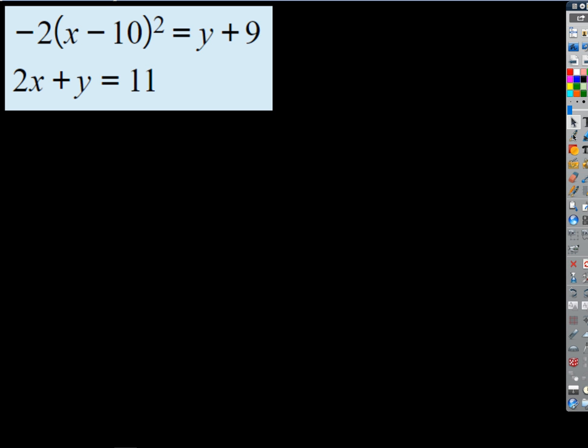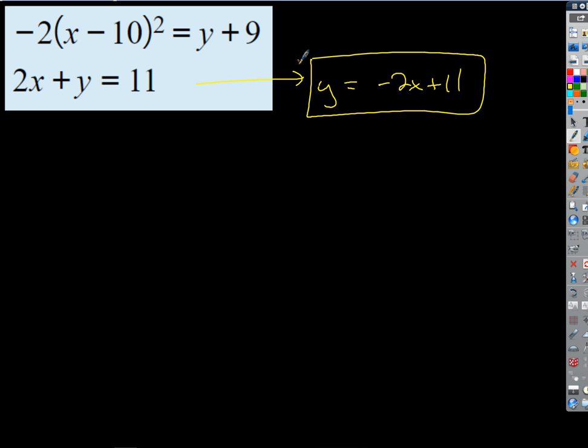So in the bottom equation, let's come up with our substitution equation. It's easy to isolate y there. What do we get? Y equals negative 2x plus 11. Good. So there's our substitution equation, right?